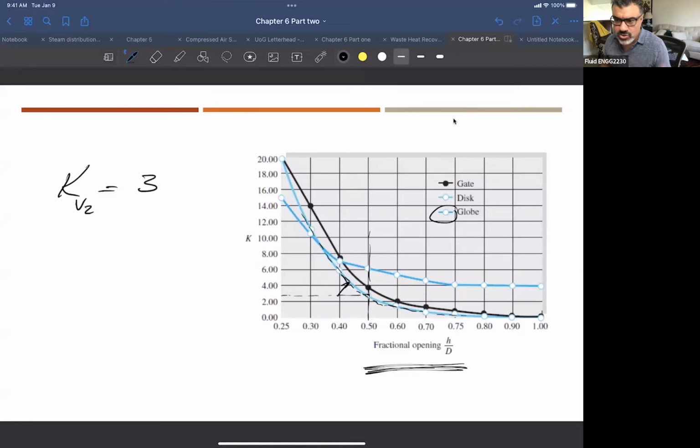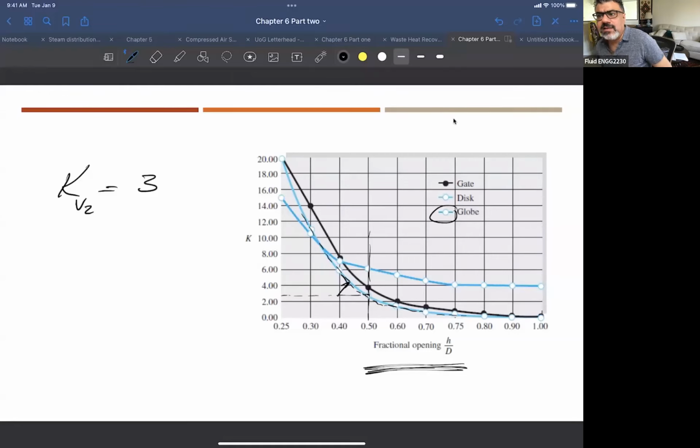Is it a table? Is it a chart? It is very straightforward, to be honest, you're getting those numbers from those charts. You just need to make sure that you are reading the question correctly. Is that a globe valve or a gate valve? Is that a sharp entrance? Is it a gradual expansion? Once you identify these, you will find the K for each of these components.